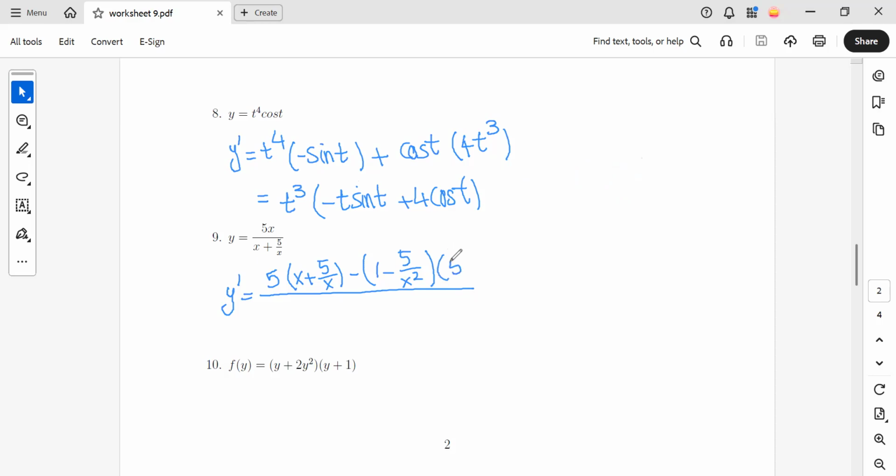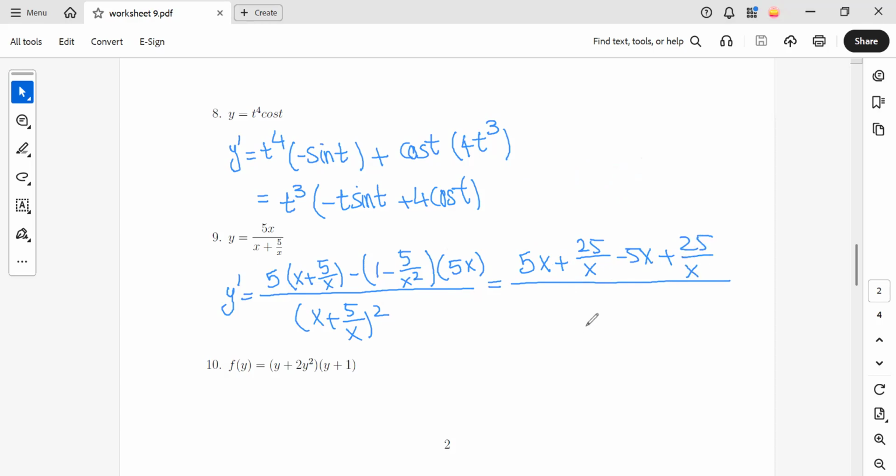Multiplied by the top, all over x plus 5 over x squared. So by multiplying, we would try to simplify. It will be 5x plus 25 over x minus 5x plus 25 over x, all over x plus 5 over x squared.